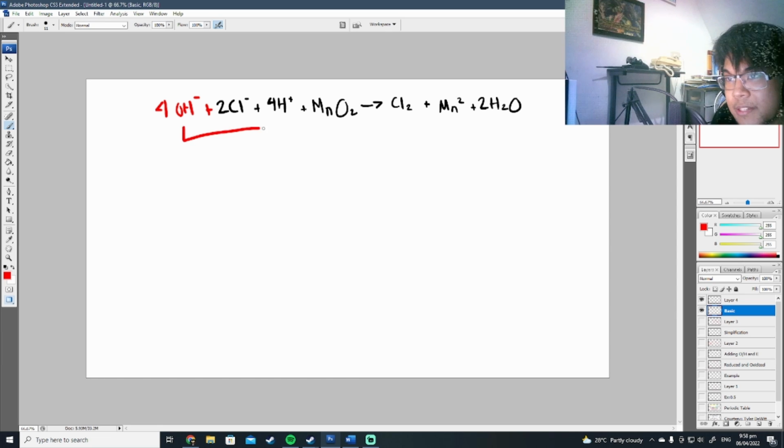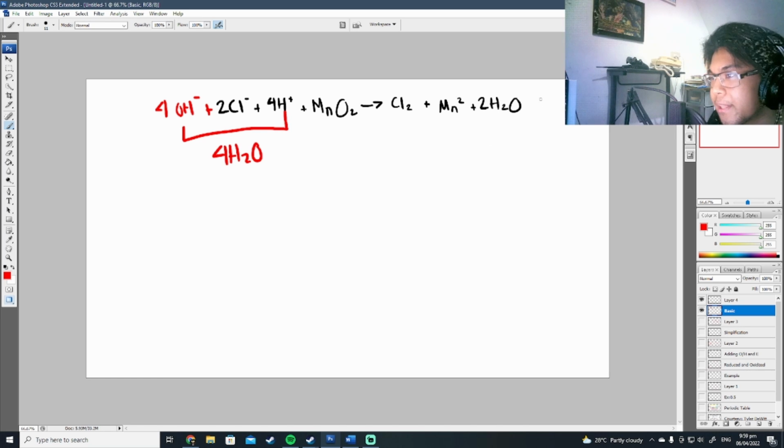And then these two become 4H2O. It's vital that these become water. Since we are eliminating H+, we need to eliminate every H+ in the acidic solution to get the basic solution.